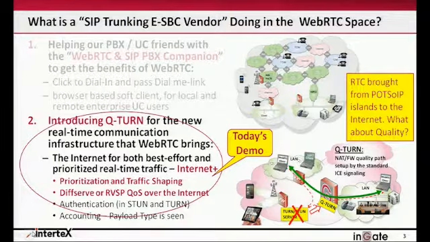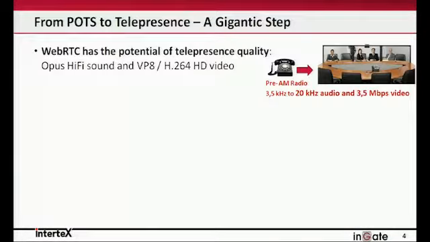So then it sets this up in a controlled form and gives access and prioritizes it. It's even possible to do authentication, because that's part of the STUN and TURN server. Who is using these resources? And you can do accounting. You can measure how much of the resources are used.